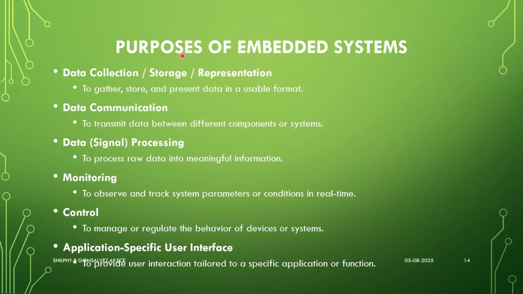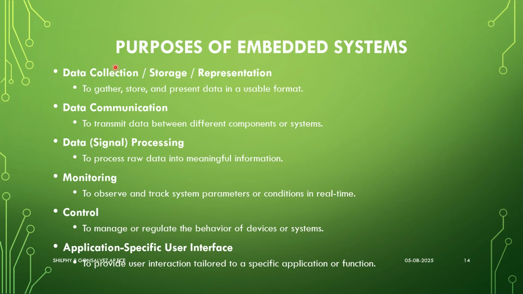Coming to the purpose of embedded systems, basically an embedded system is used to collect or gather the data, store it and present the data in a usable format. Then transmit that data, which comes under data communication. Then comes processing the data, that is processing raw data into meaningful information.